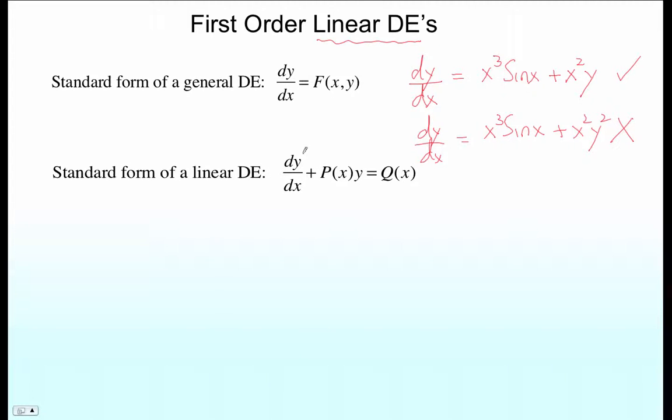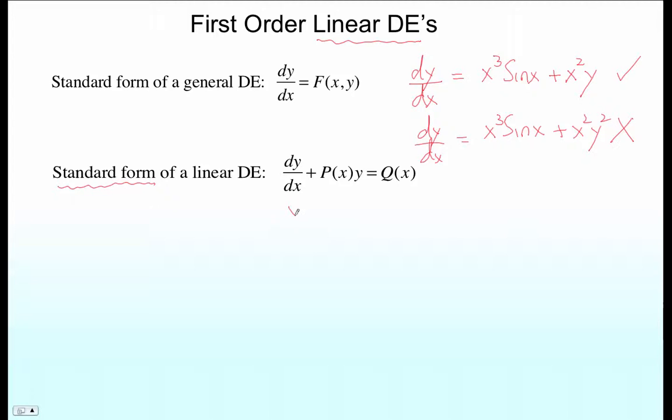Now, in calculus books, you'll see the standard form of a linear differential equation written down in this way. So dy by dx plus some function of x times y is some other function of x. And both p and q are given. This equation would have to be solved for y.